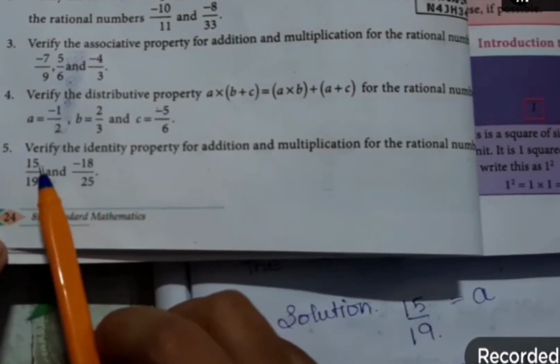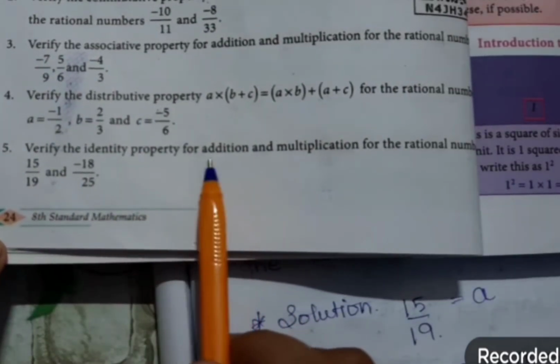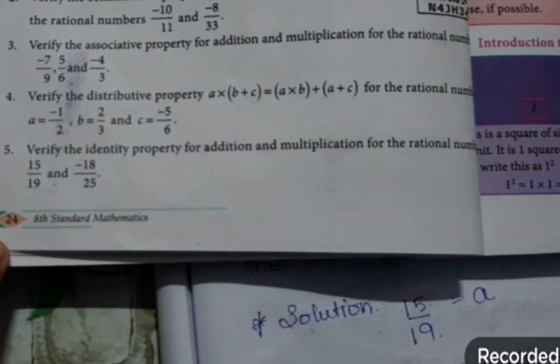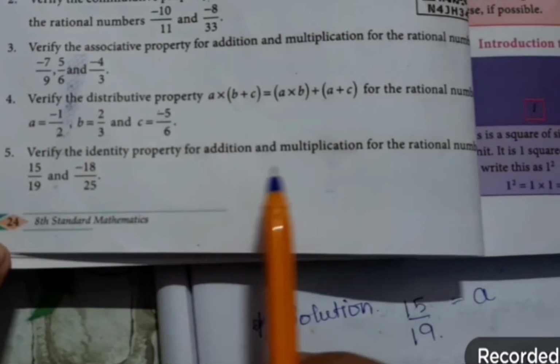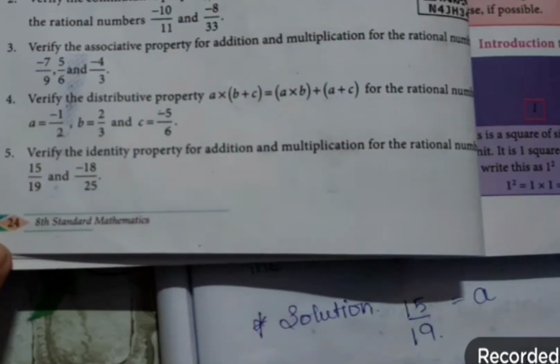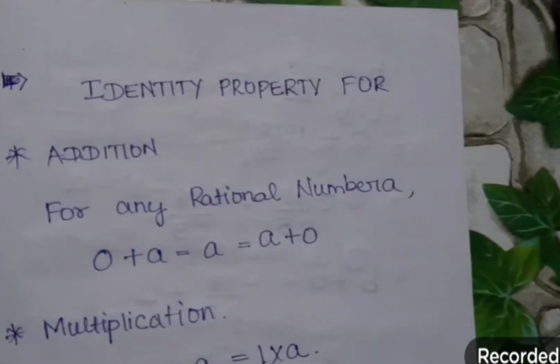Fifth question. Verify the identity properties for addition and multiplication for the rational numbers 15 by 19 and minus 18 by 25. So two rational numbers, you have to find out whether it is satisfied for addition and multiplication.